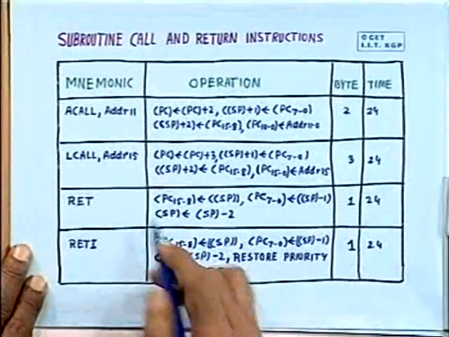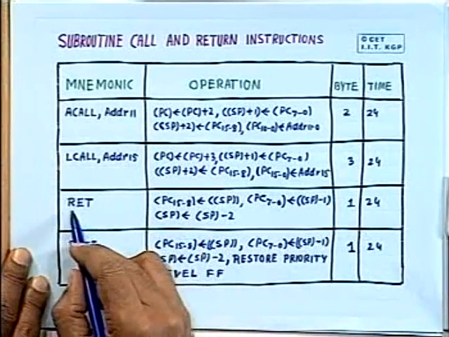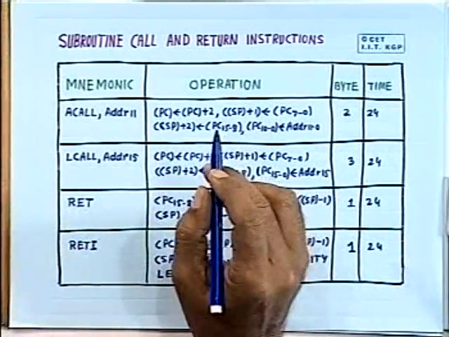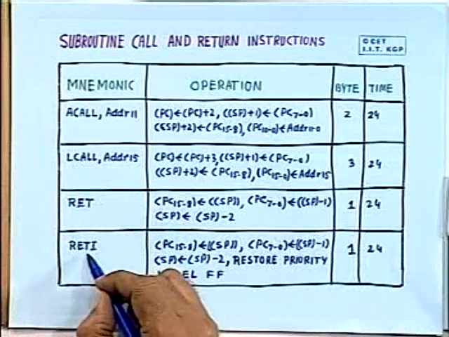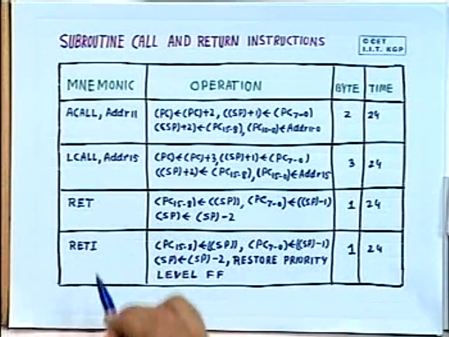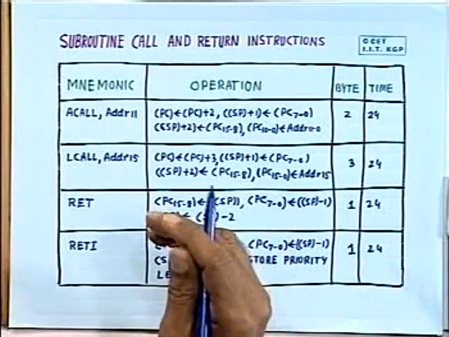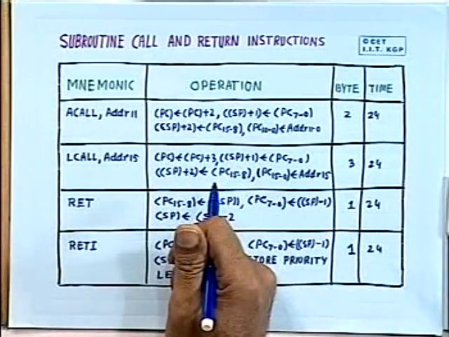Here we find we have two return instructions. One is simple return, and this simple return is essentially return from subroutine. Whenever you are returning from a subroutine, then this particular return is used. And there is another return, this is return from interrupt. Why do you require a separate return for interrupt?